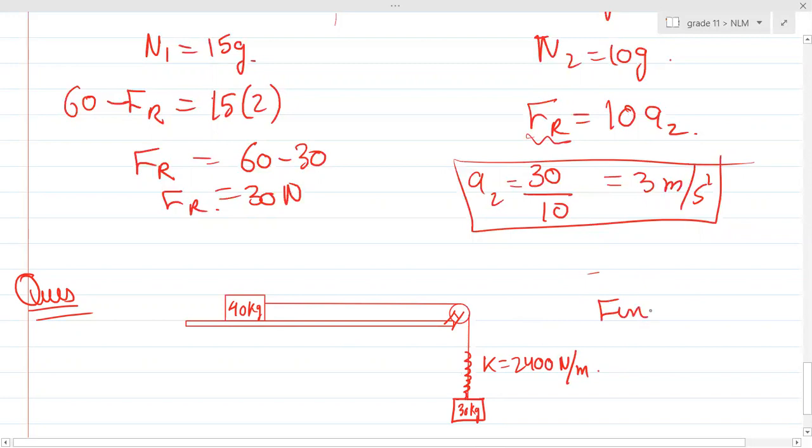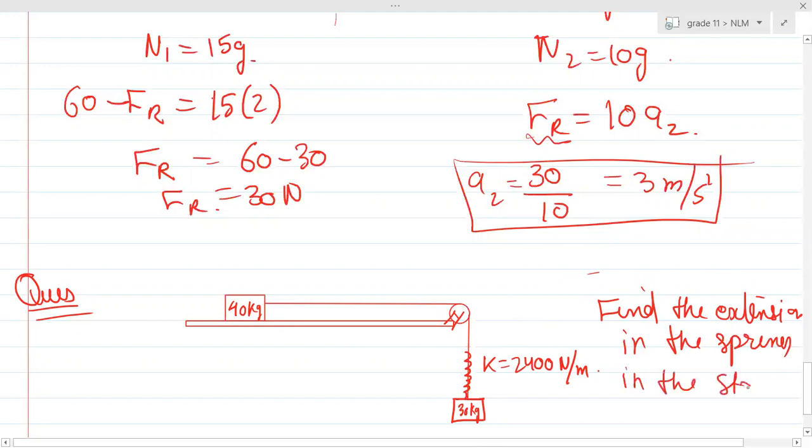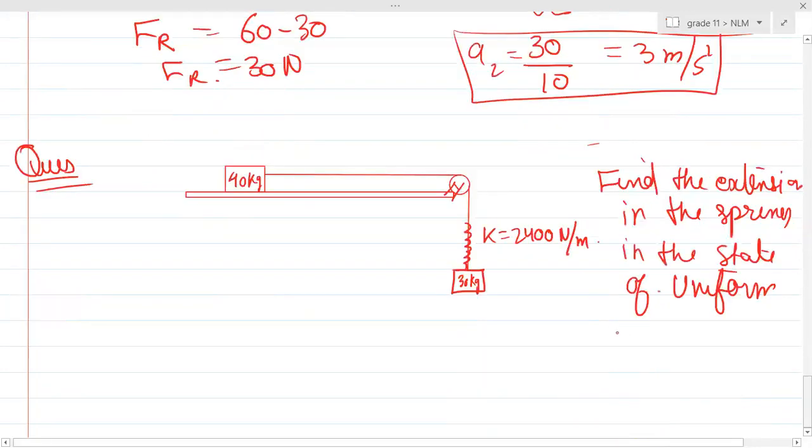Now find the extension in the spring in the state of uniform acceleration of block.